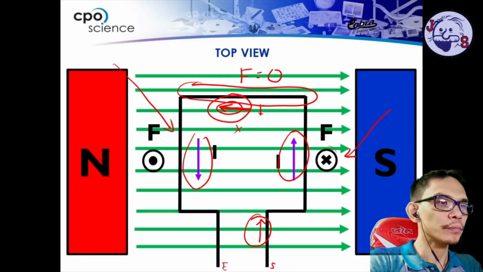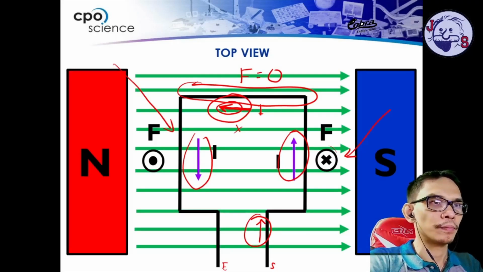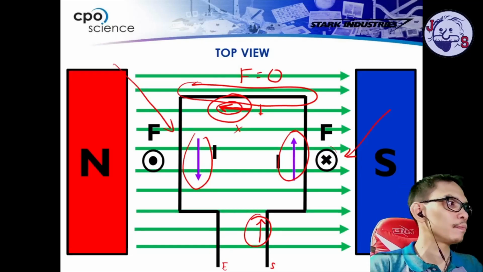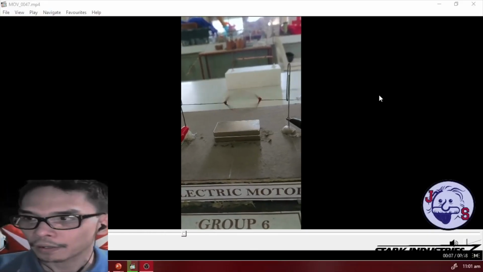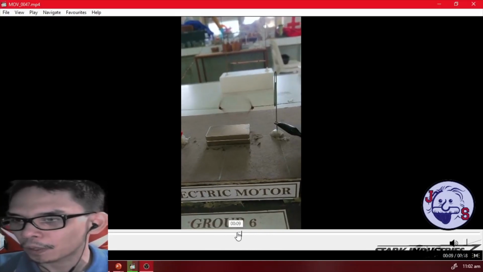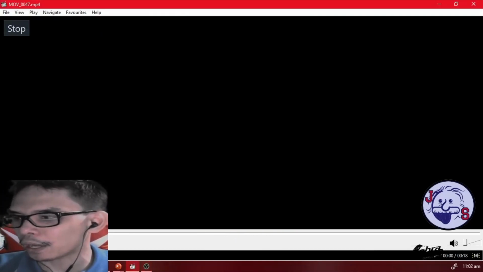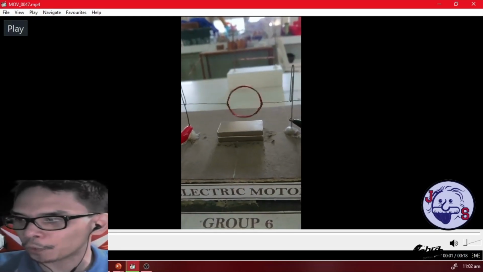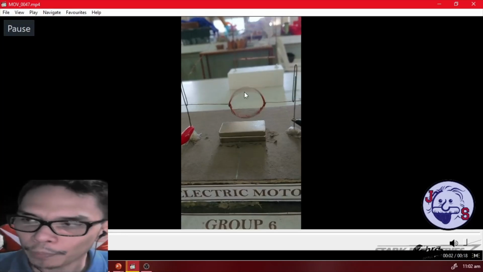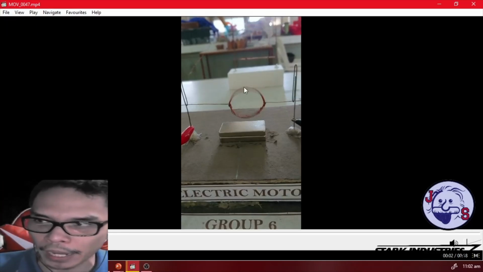In this demonstration, what you will see here is the wire which is looped the same way as the diagram that we have earlier. If we pause this one, we have two sides of the wire: this side and this side at the bottom.